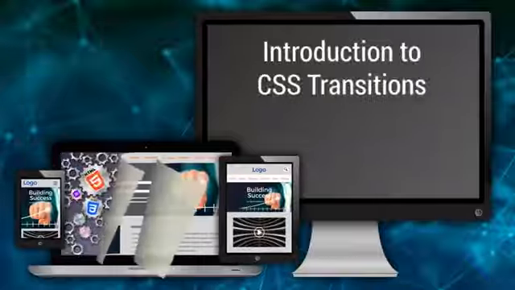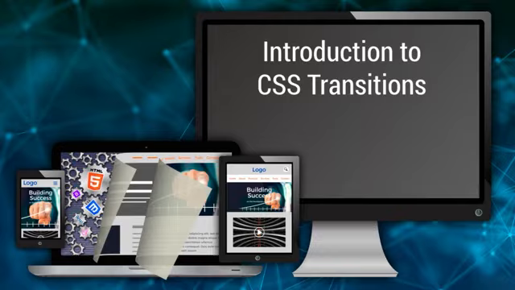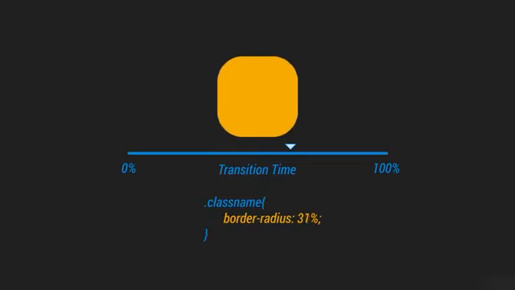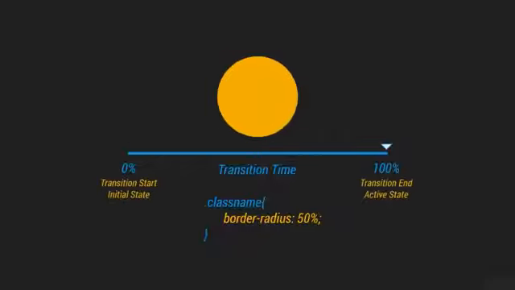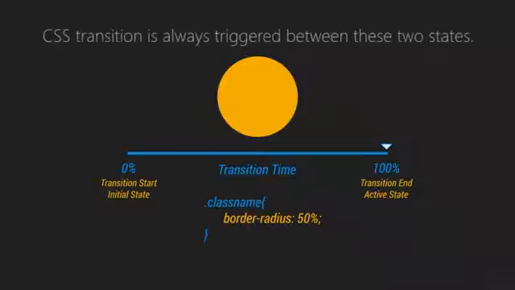CSS transitions are used for creating animations in CSS. When you give a transition, you change the value of a property and you tell the CSS to slowly change it according to some parameters towards the final state. A transition requires a starting point, that is the initial state, and an ending point, that is the active state, as any CSS transition that takes place is always triggered between these two states.